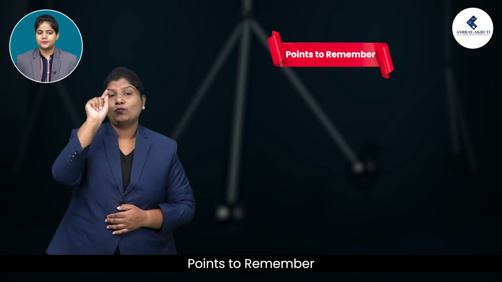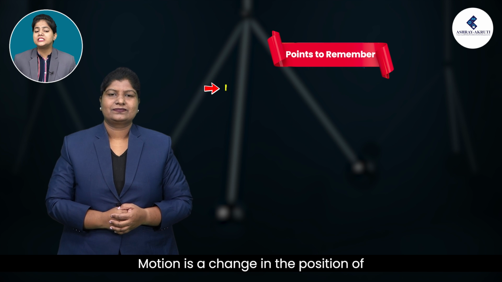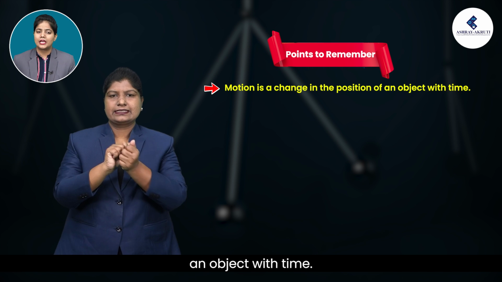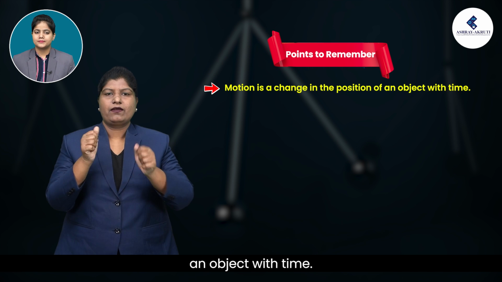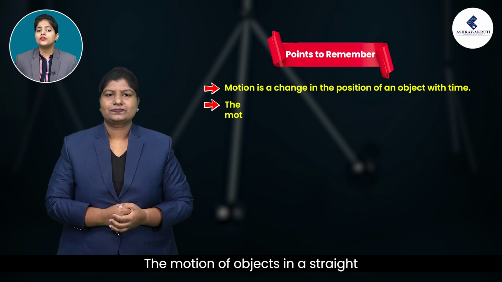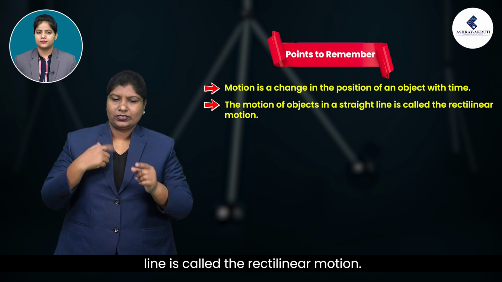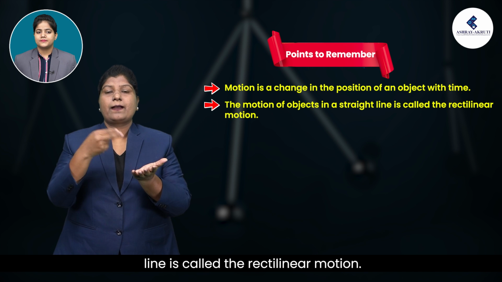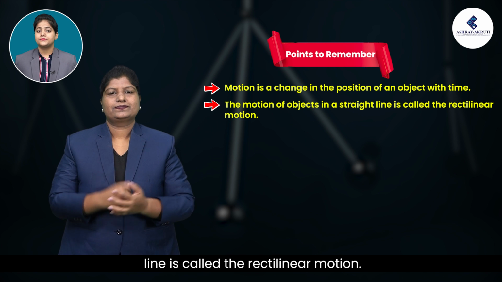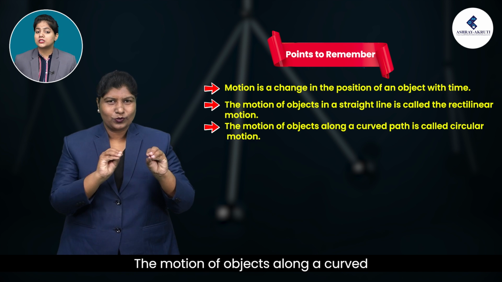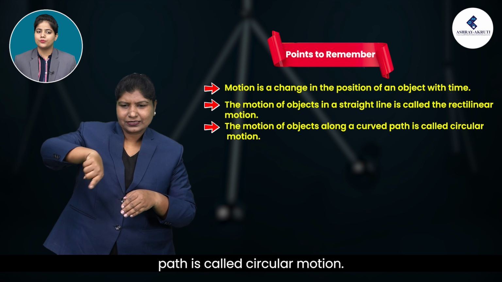Points to remember. Motion is a change in the position of an object with time. The motion of objects in a straight line is called the rectilinear motion. The motion of objects along a curved path is called circular motion.